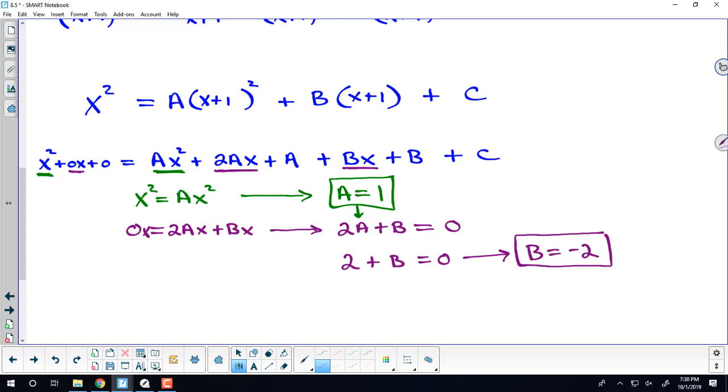And then our constants, equating 0 to A plus B plus C. So this one worked out pretty nicely.